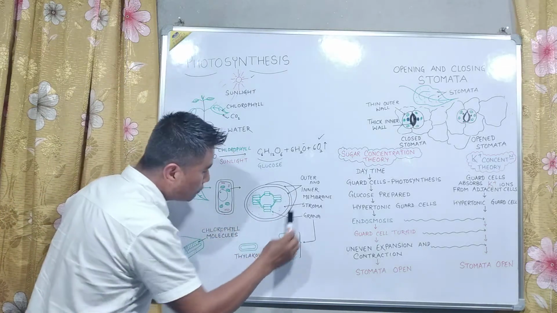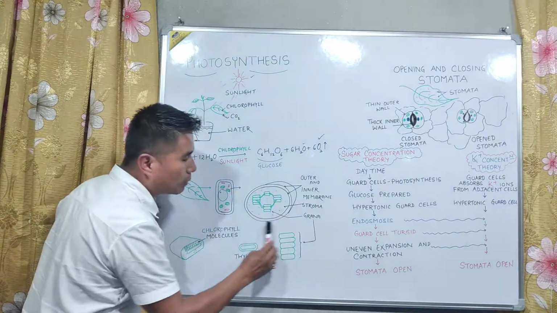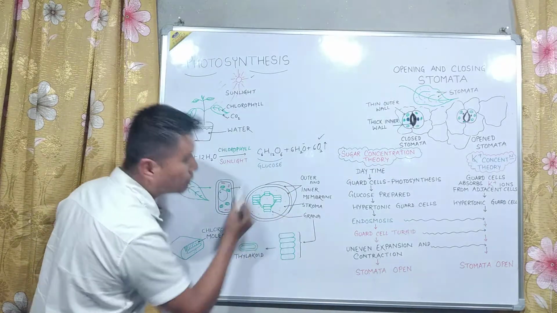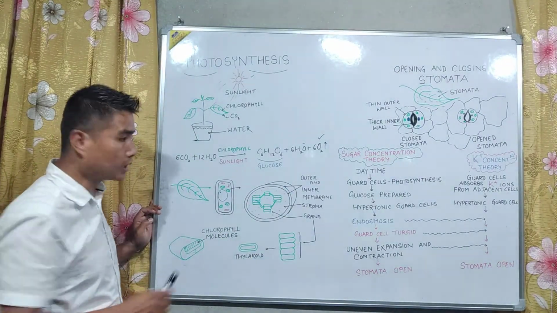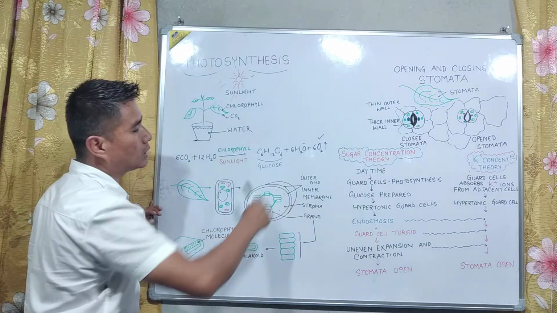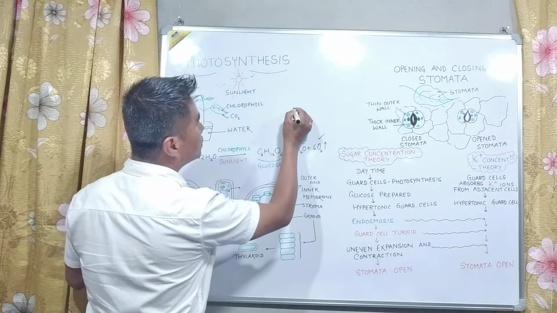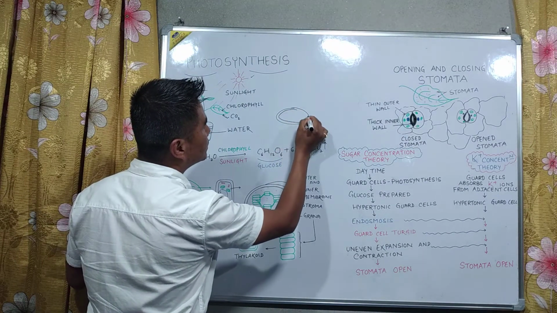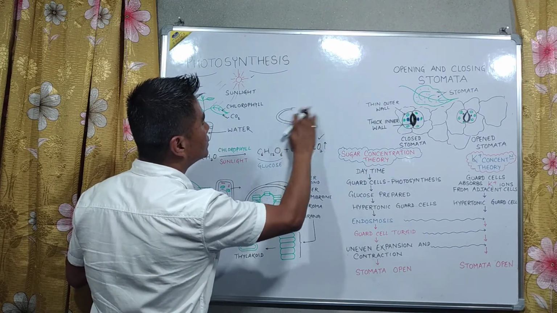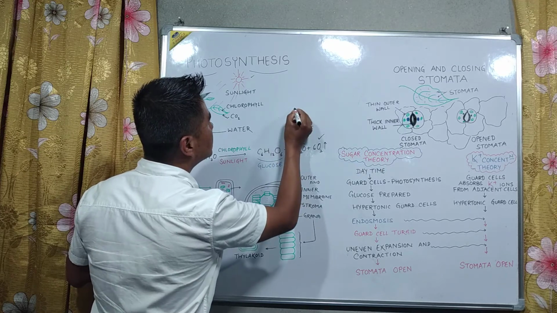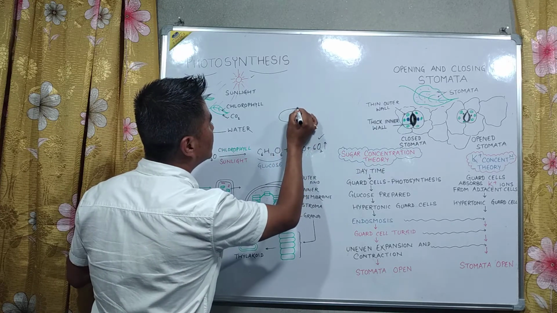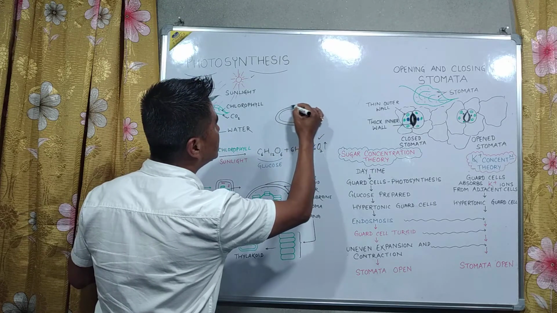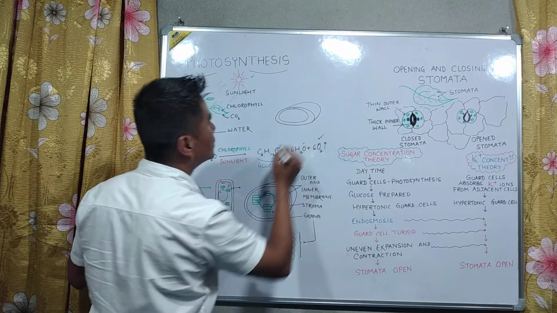If we see one chloroplast, then a chloroplast is made up of two membranes: the outer membrane and the inner membrane. On the side one I tried to give a 3D look. So this is the outer membrane and this is the inner membrane. These are the two membranes.